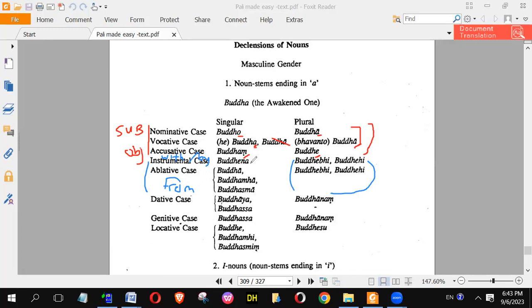So Buddhena, Buddhebhi, Buddhehi. Buddha, Buddhamha, Buddhasma, Buddhebhi, Buddhehi. Pandit, please recite. Can you open your microphone? Can you recite the instrumental case?